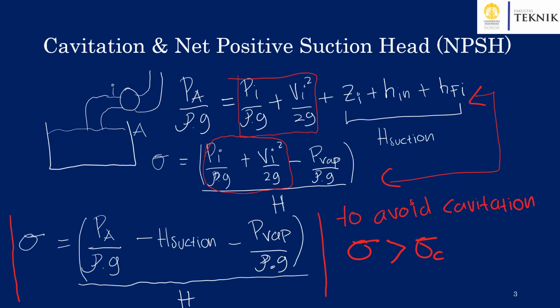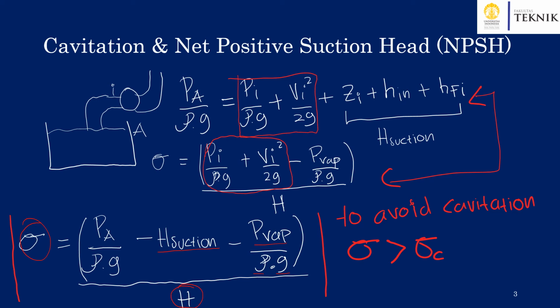As we know, the cavitation parameter, or tau, is equal to the pressure at point A divided by the density multiplied with gravity, minus the head at the suction, minus the vapor pressure divided by the density multiplied with gravity, over the head available at the inlet of the pump.